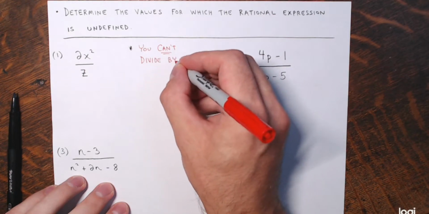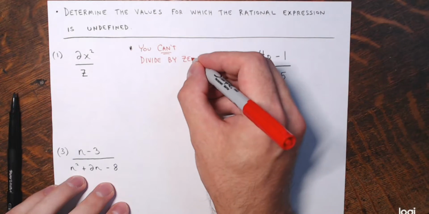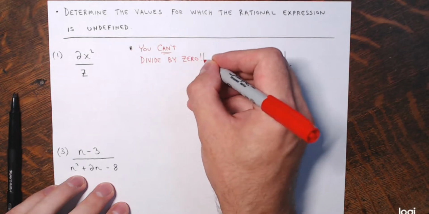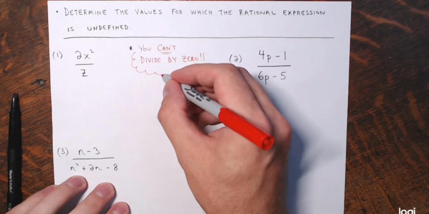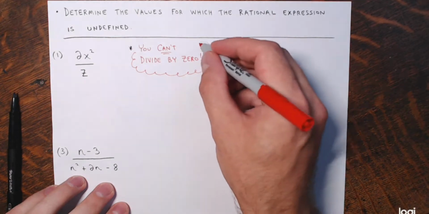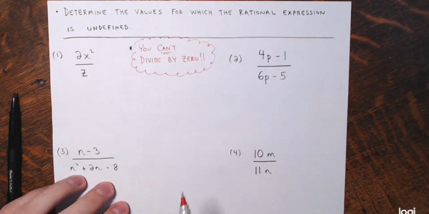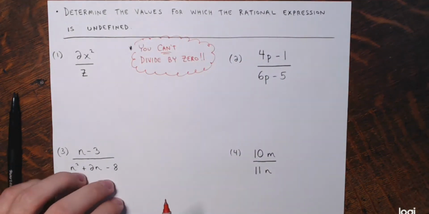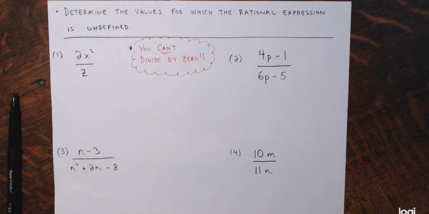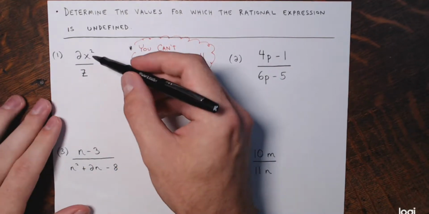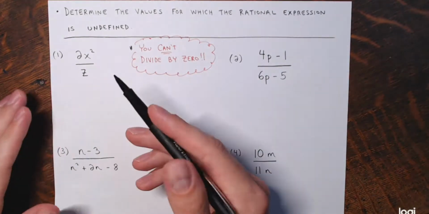In other words, 0 can never be the value of a denominator, because when you see a fraction, that's division.